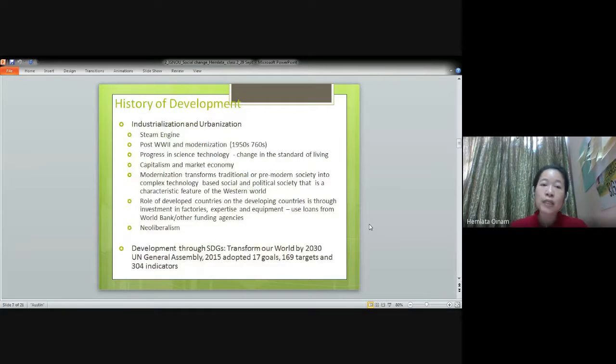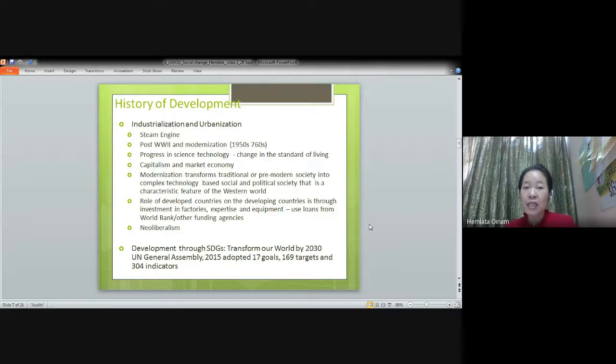Now, how do we get a sense of the history of development? Whenever we talk about development, the first point for understanding development is very much connected with the introduction of the steam engine, or the industrialization process in the 18th and early 17th centuries, right? After that, there is a lot of increase in population growth.